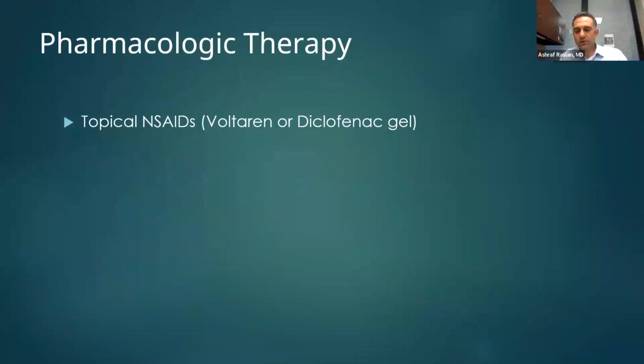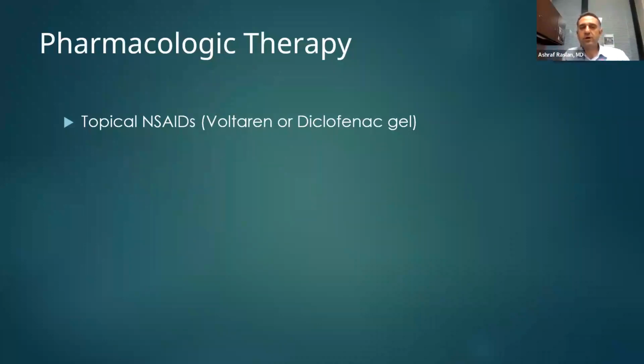The rule with medications is always to start with the medications that have good efficacy but the least amount of side effects. That's why our first recommendation is usually topical treatment, because it usually has fewer side effects than systemic treatments.